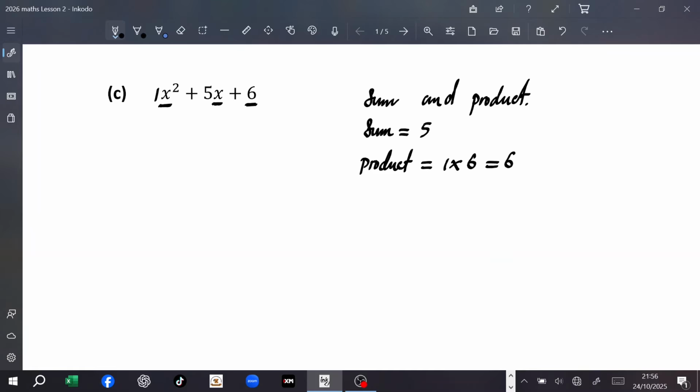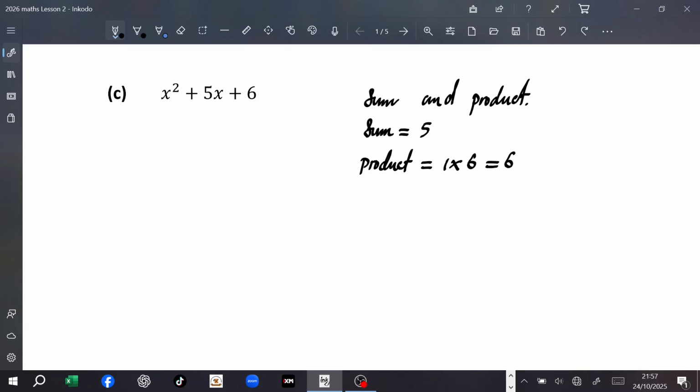So which means that we have the sum is 5, then the product is 6. So once we do this, we need to look for two numbers. Two numbers, when we add them, they give us 5. Which two numbers, when we add them, they give us 5. The same two numbers should be, when we multiply them, they should give us 6.